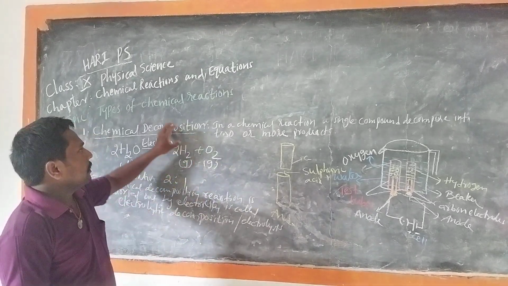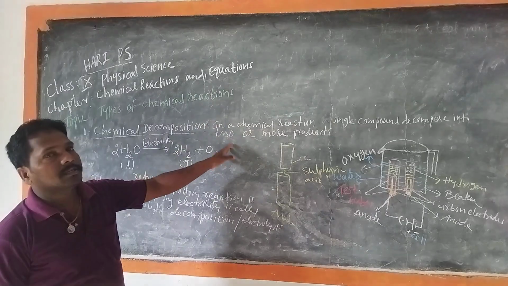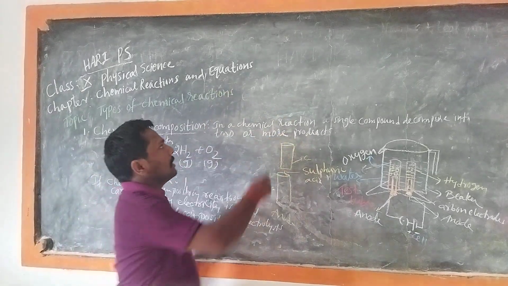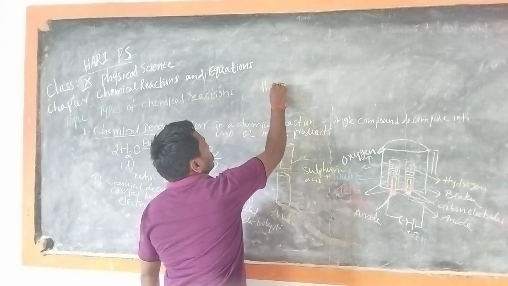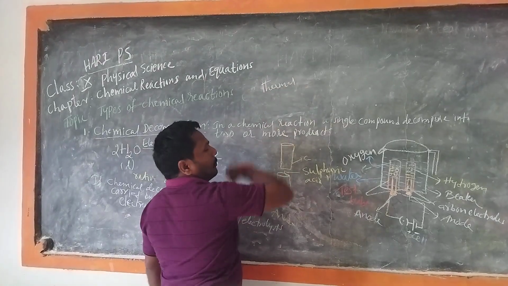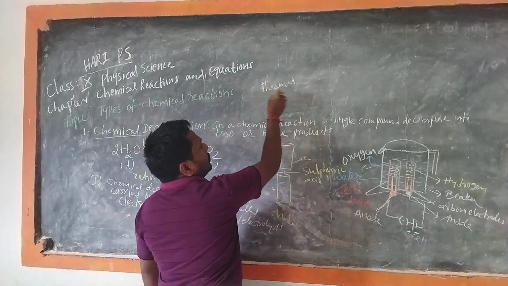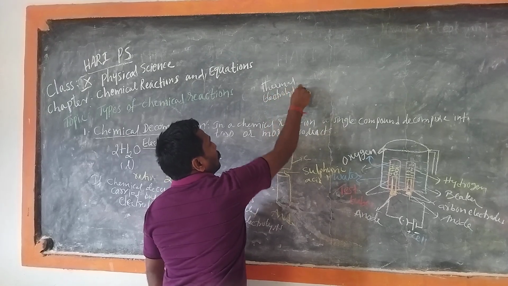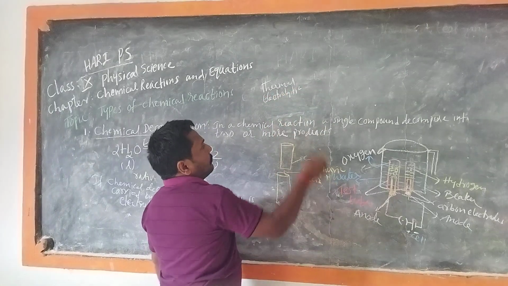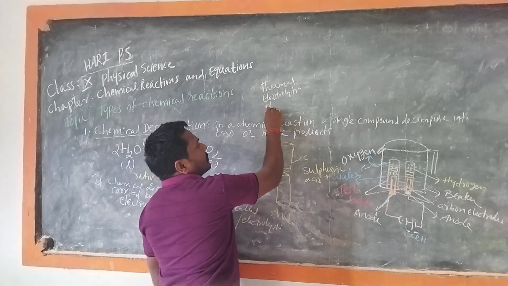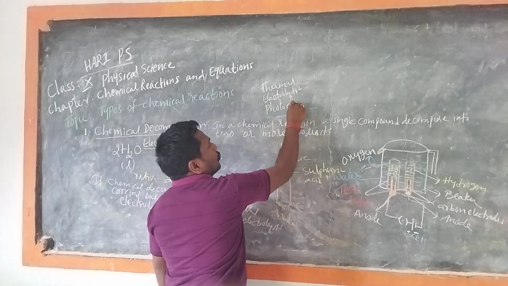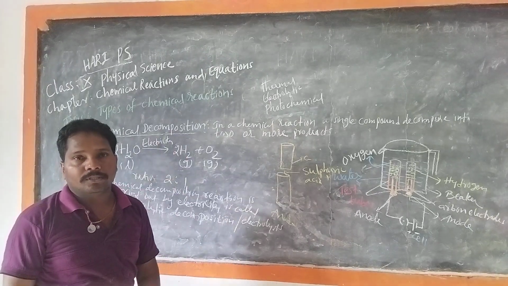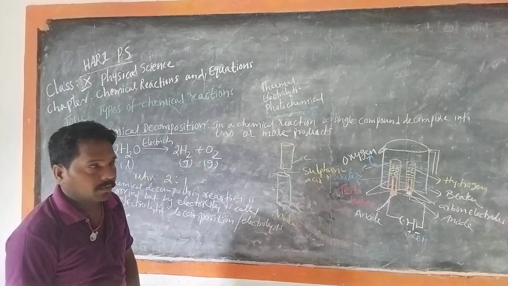If the chemical decomposition is carried out by heating, we call it thermal decomposition. If it is in the presence of electricity, we call it electrolytic decomposition. If it is carried out in the presence of sunlight, we call it photochemical decomposition.